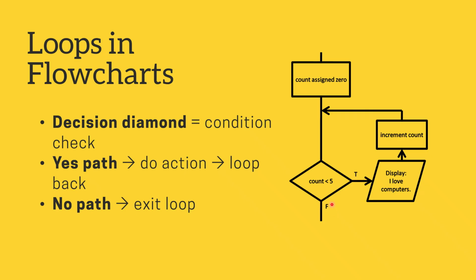So this is how we would diagram this as far as our flowchart. We have our initialize step and we have our decision diamond that's going to ask about the condition. Okay, now this looping arrow going back to the decision diamond shows the cycle of the repetition.